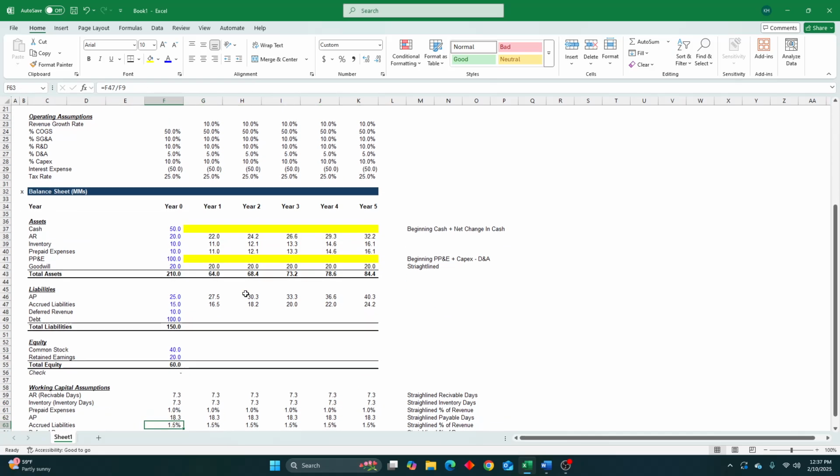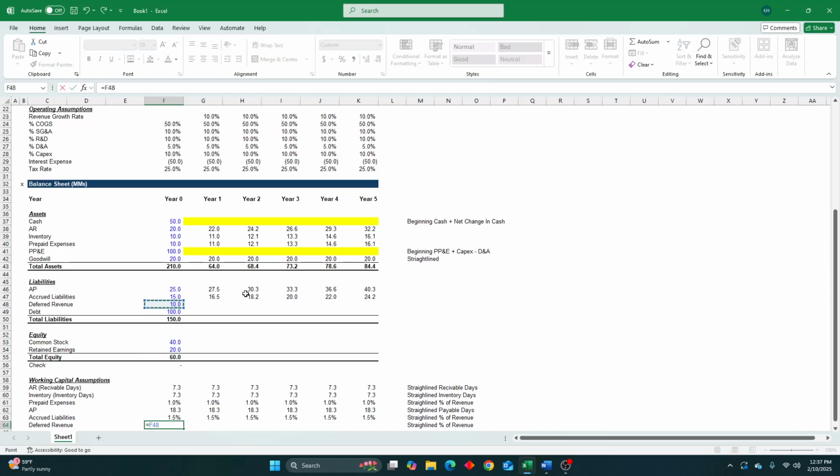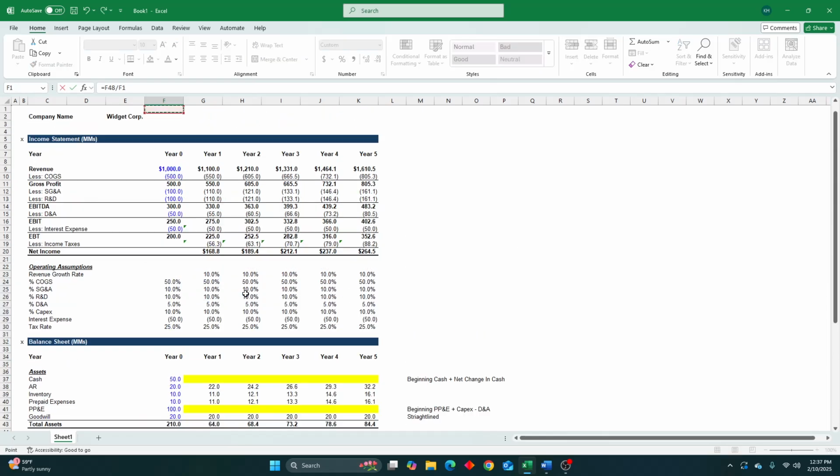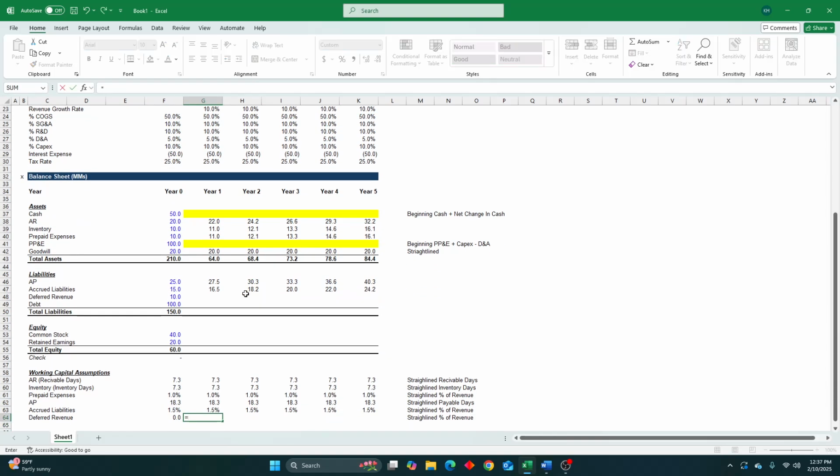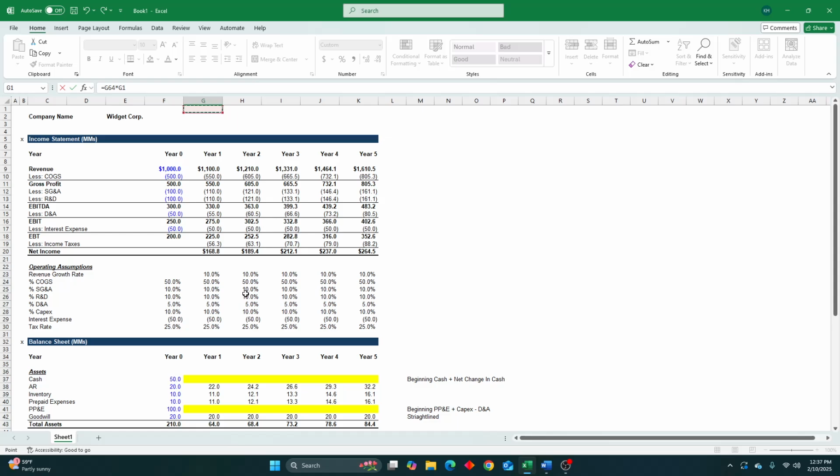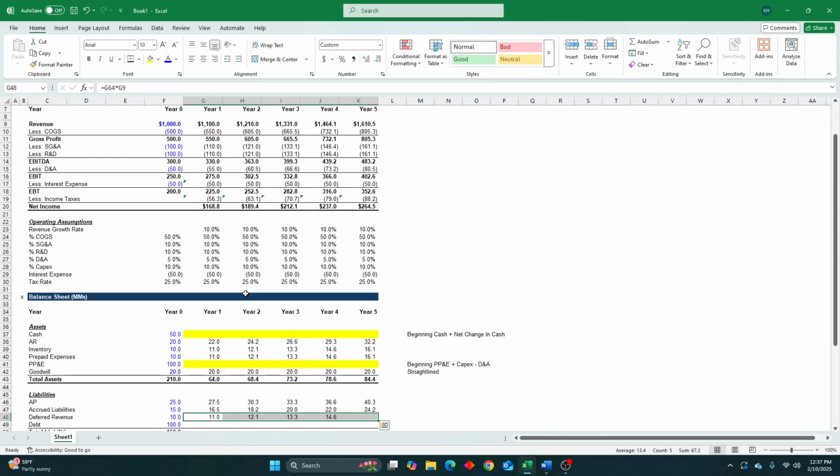Same thing for our deferred revenue. We're going to do our 10 million in deferred revenue divided by our revenue, and then we'll format this just so we can see, and it's going to stay the same throughout the period. Project it just like that. So for our deferred revenue, we'll do our percentage of revenue times our revenue.